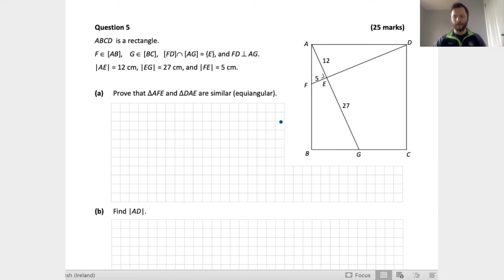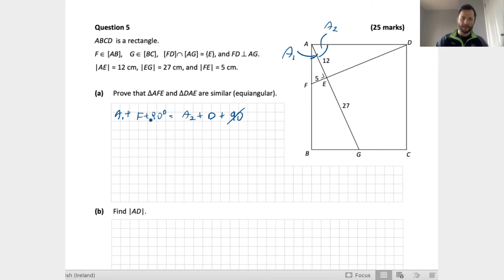So the way I'm going to write it down is that I'm going to call this angle here A1, and this angle here A2, for the sake of simplicity. Then from the first triangle, angle at A plus angle at A1 plus angle at F plus 90 degrees is the same as angle at A2 plus angle at D plus 90 degrees.